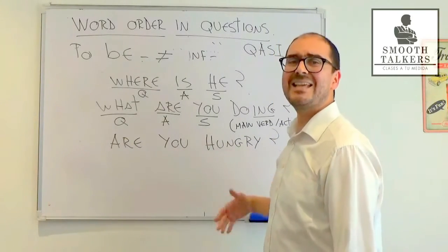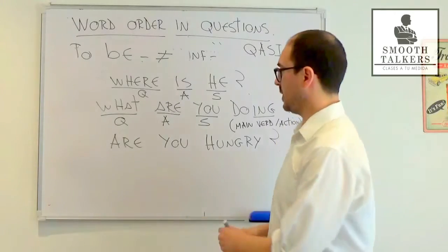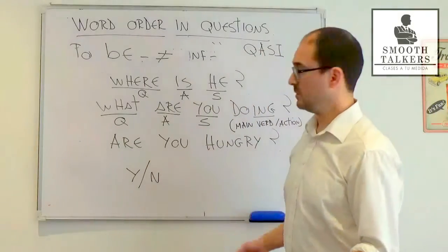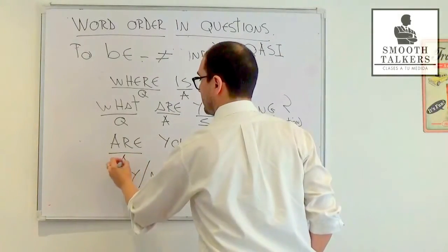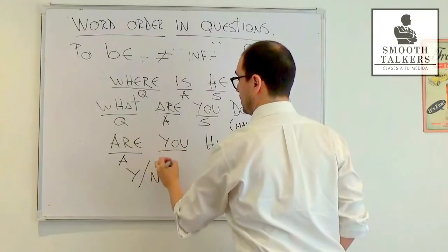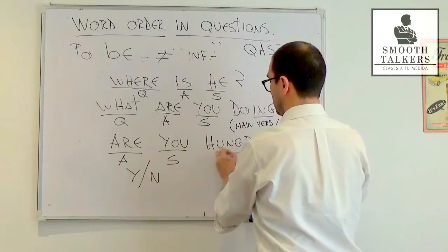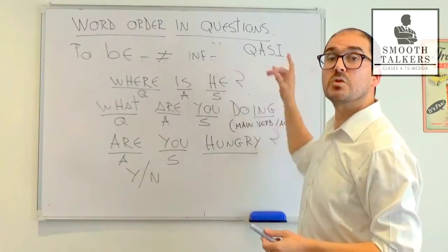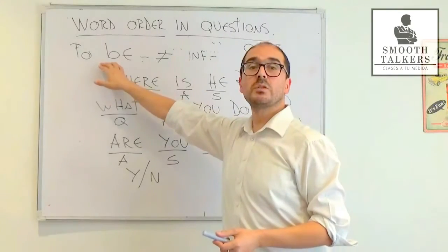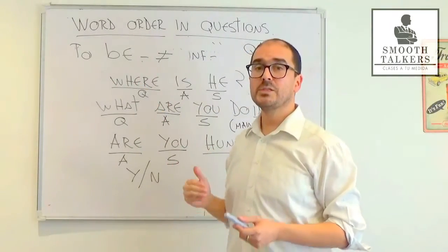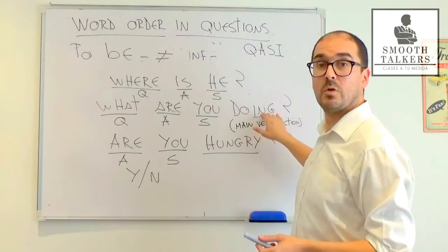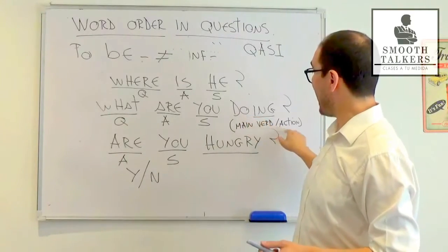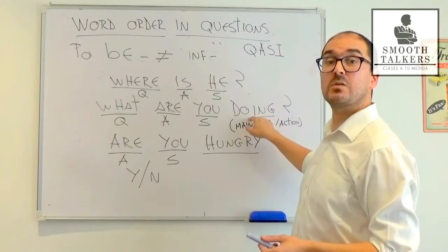This is what we call a yes or no question, because the answer is yes or no. Are is the auxiliary verb to be, you is the subject, and hungry is a different word from an infinitive. So remember that when we construct questions with to be, we don't always use a verb. We can use an adjective, we can use a noun, okay? And we can use an action in present continuous.